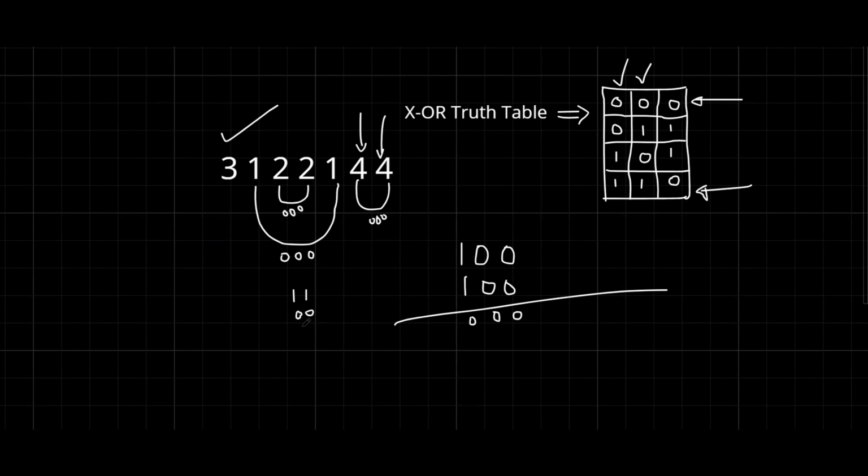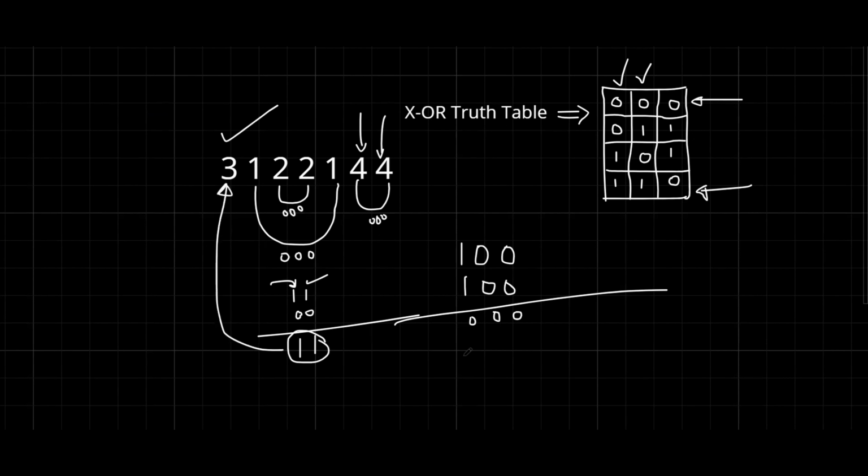We are considering only 2 bits here. The bitwise XOR between the leftmost bits, 1 and 0, is 1, and the XOR between the other 1 and 0 is also 1. So 1, 1 is the binary representation of the value 3.